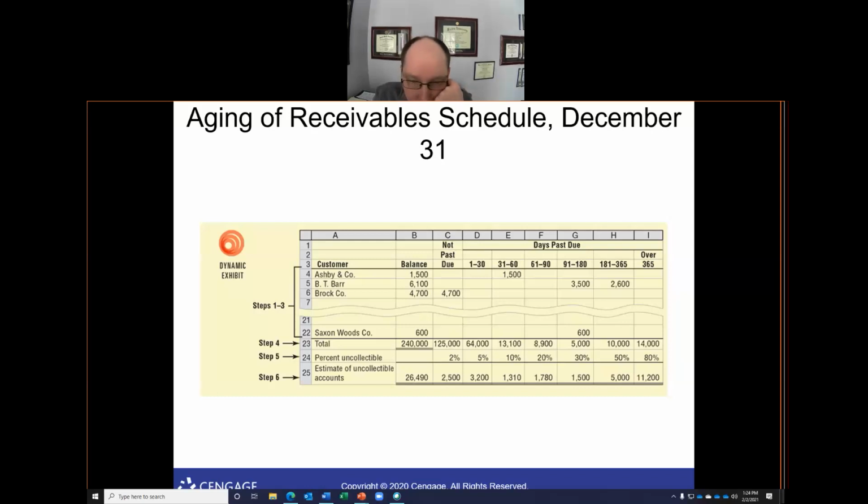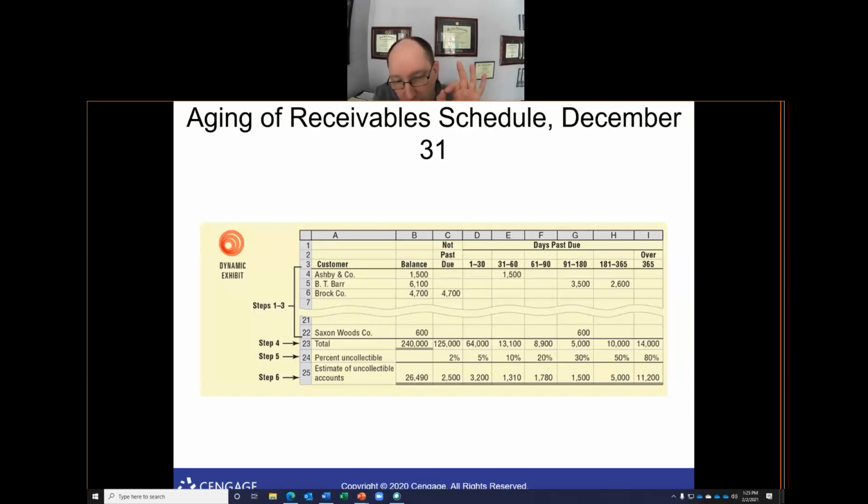You see on steps 1 through 3, we add up our balances for each column. That's step 4.